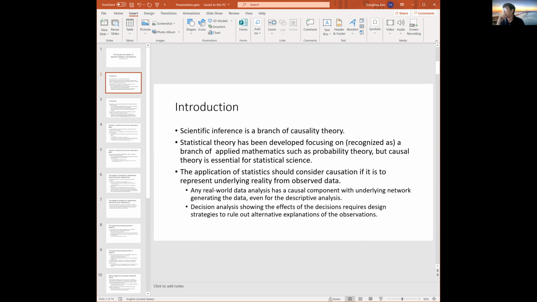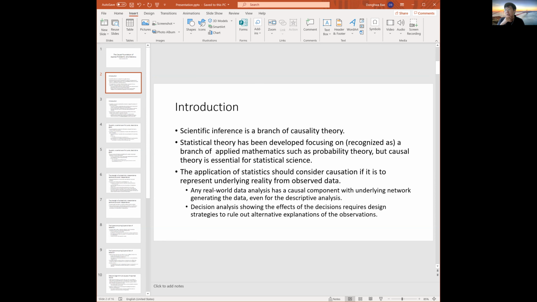The paper argues that scientific inference is a branch of causality theory. Statistical theory has been developed focusing on or recognized as a branch of applied mathematics, such as probability theory, but causal theory is essential for statistical science.